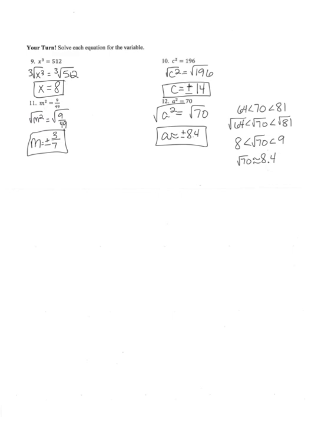And then I took the square root of each of those. I wrote them as square roots, and then I found the square root of 64, and I found the square root of 81, and then I used estimation to determine whether the square root of 70 was closer to 8 or to 9.